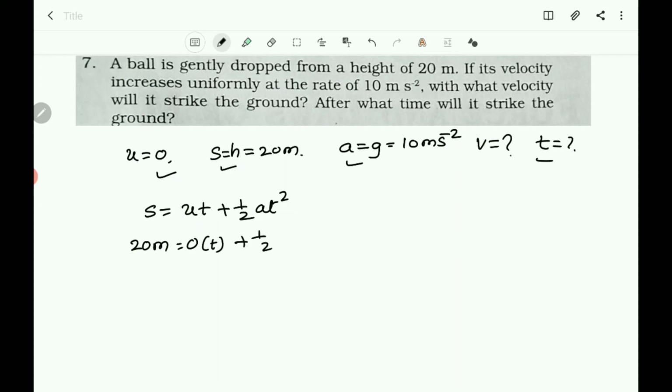So half into A, that is 10 m s to the power of minus 2 into T square, that becomes 20 meter is equals to 0 plus 2 ones are 2, 5s are 5, m s to the power of minus 2, that is T square.